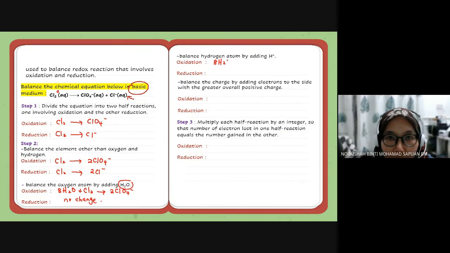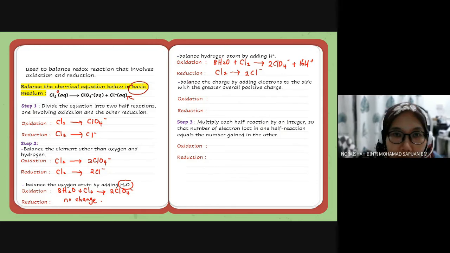Okay, hydrogen ion. So 2ClO4 minus plus 16H plus. And then for reduction reaction, since chlorine molecule form chloride ion, tak ada hydrogen, so still no change, but let's copy in this here, 2Cl minus.